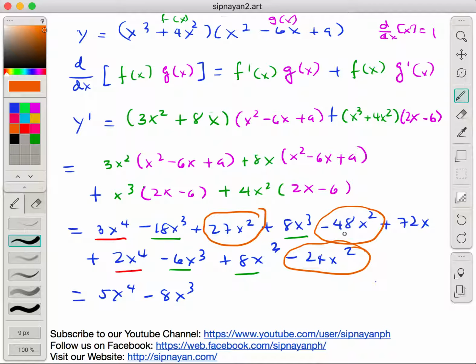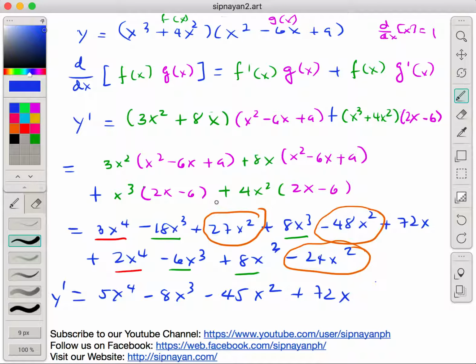And then I have a minus 48. That's a minus 45. So, that's minus 45x squared. And then, ang natira ko na lang ay 72x. So, ibig sabihin, ito yung ating y prime. Ito yung ating derivative. Okay, so sana ay may natutunan kayo dito sa ating video na to.